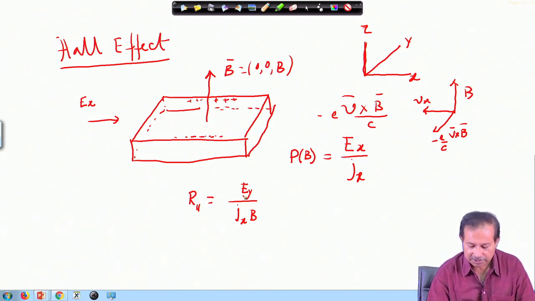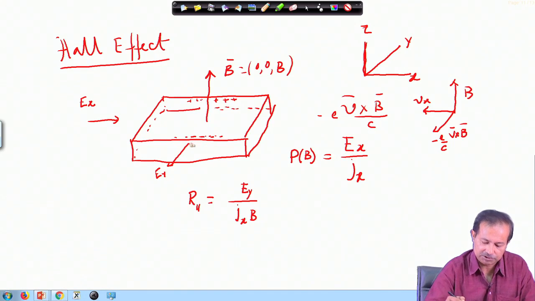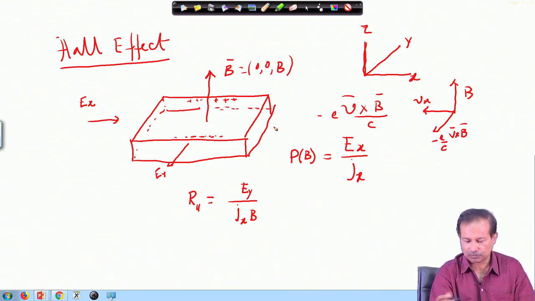Why does one choose this kind of a constant? See, for example, this E_y, as we said, is the field that is generated due to the accumulation of electrons on this surface and that surface. So this E_y should be proportional to the current, because the force is because of the velocity of the electrons, the speed at which the electrons are moving.